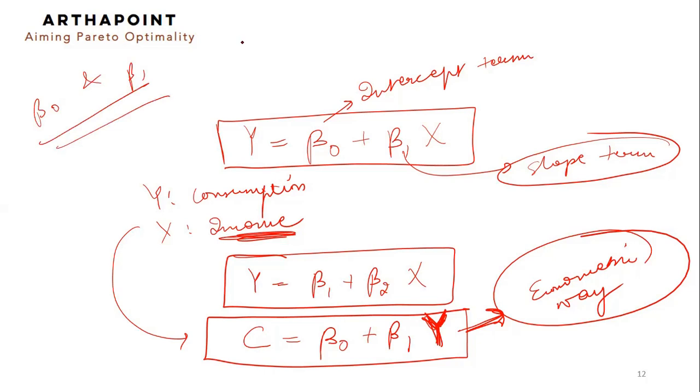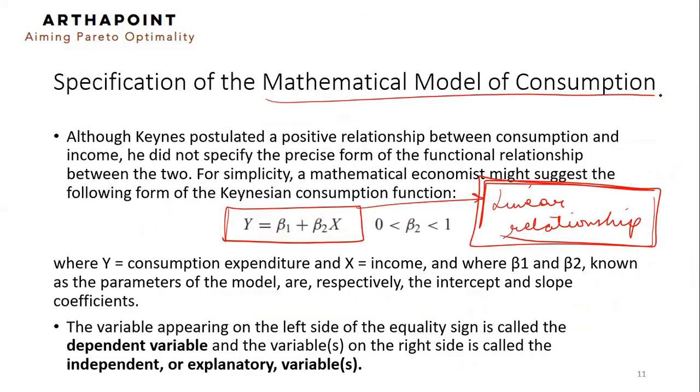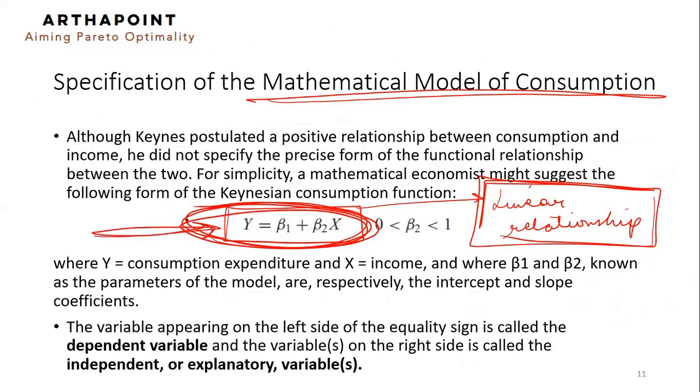Your aim is to give me an equation like this, that C is equal to minus 50 plus 0.8y, something like this. When you give me this mathematical form, that is econometrics. So now in mathematical form, we usually start with a linear equation, and mostly what is there in your syllabus is this linear relation.